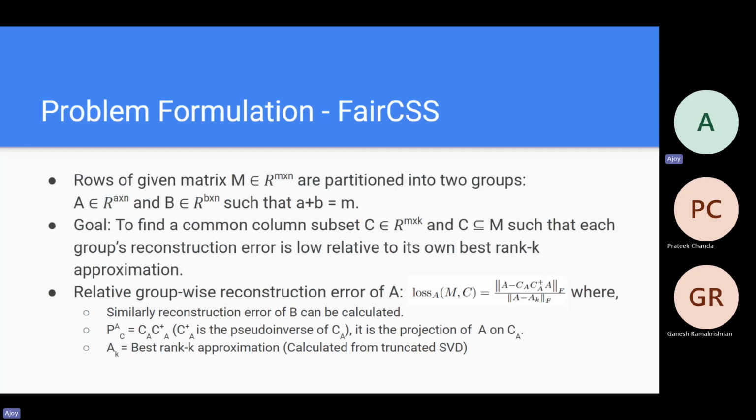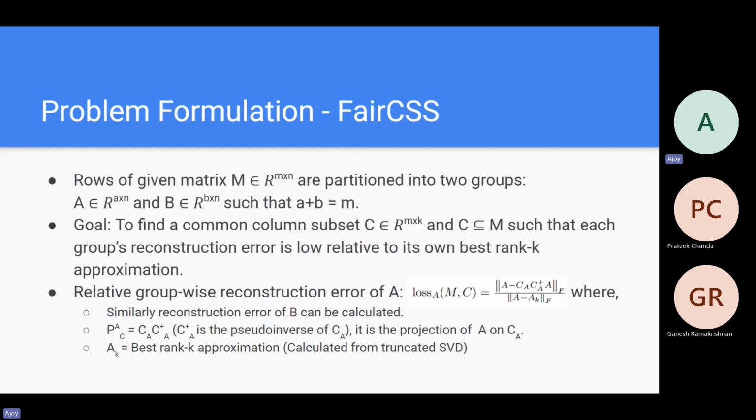What we are trying to do here is find a common problem subset, so that the group reconstruction error gets minimized for both of the matrices that we are making. So how do we do that? A loss function is created, and A is the first matrix that we create by taking the subset of rows, and B is the second one.